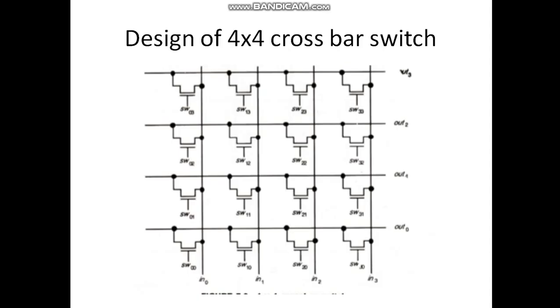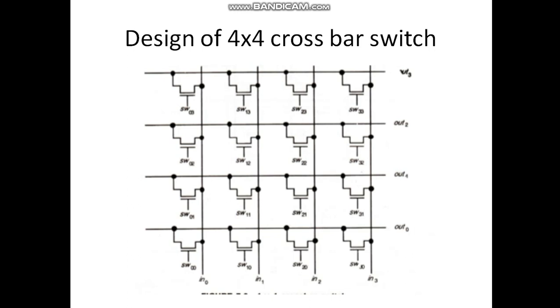If we want to shift the bits by 1 bit position to the left, then the switches SW10, SW21, SW32 and SW03 should be turned on. So whatever is available in IN1 is made available at OUT0, and whatever is available in IN2 is made available at OUT1.